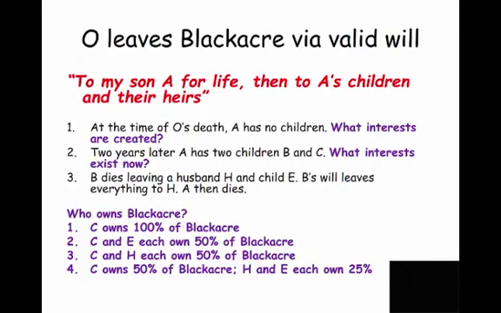B's child doesn't inherit anything because, unlike the problem we did the other day in class, this does not pass via O's intestate succession. Here, B has, at the time of death, a vested remainder subject to open. That is an estate that can be passed via will to H. Therefore, H inherits the vested estate subject to open, and when A dies, right, the class of people who could be A's children also closes, and H has the half share inherited from B.